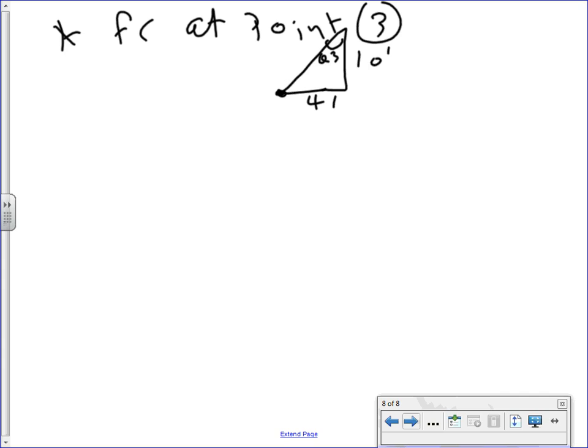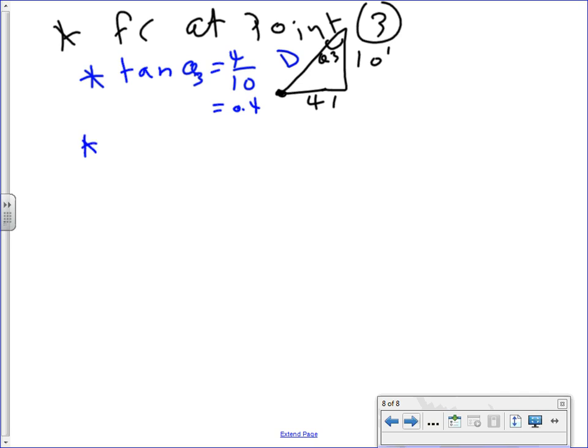Why is it important, guys? Because we need to find the distance D. Let's first find the tan. Tan of Q3 equals opposite 4 over adjacent 10. So 4 over 10 gives you 0.4.